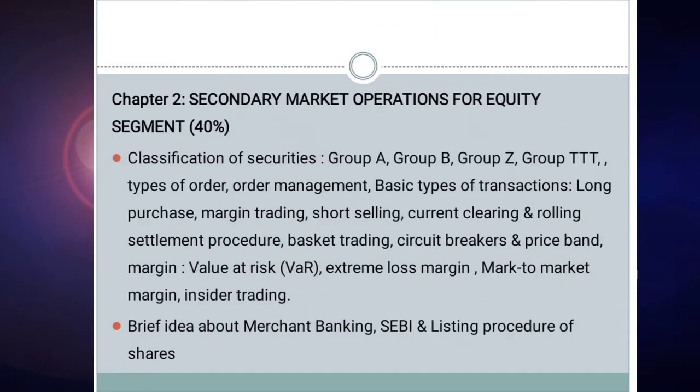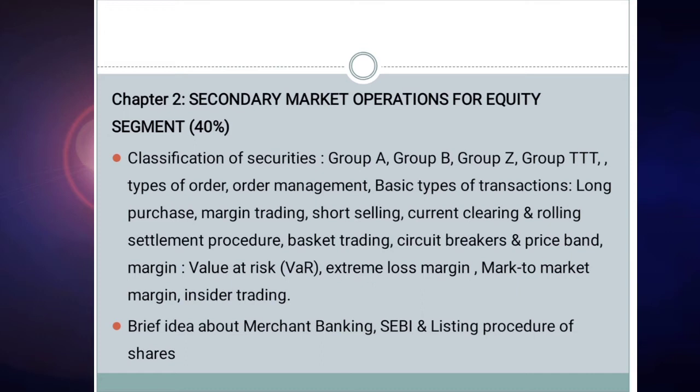Then chapter 2 is mainly concerned with the operations in the secondary market, in the stock market. It includes various classifications of securities in different groups, the types of orders that we place in the share market for buying and selling of shares, basic types of transactions that take place in the secondary market, the settlement procedure of the secondary market, and various terminologies.